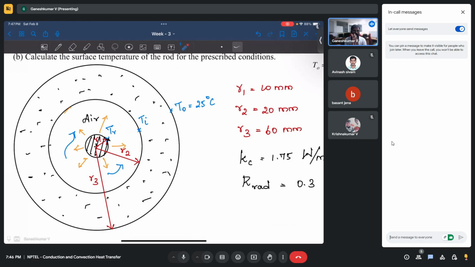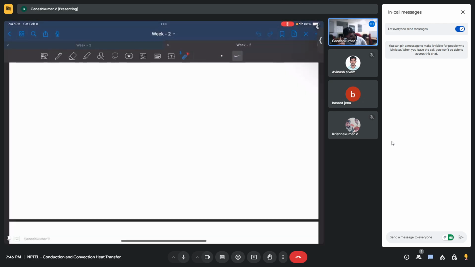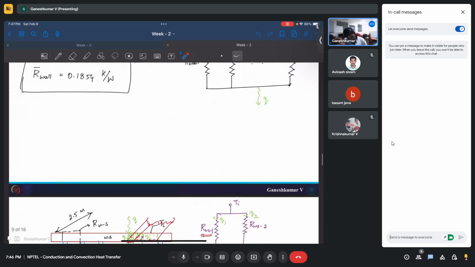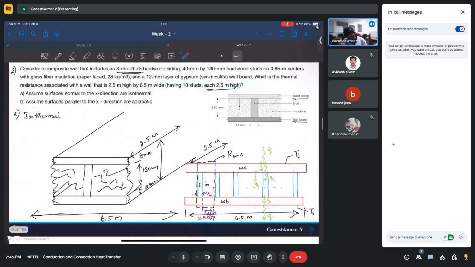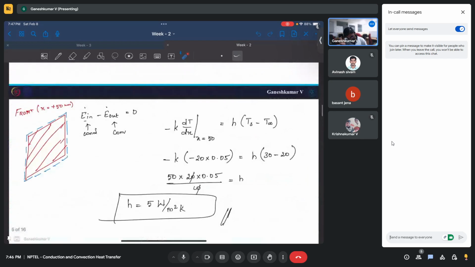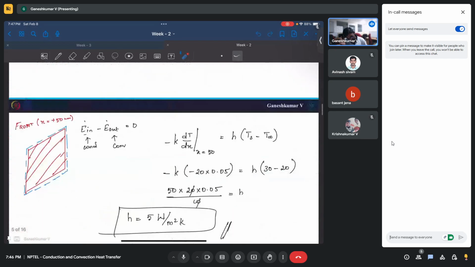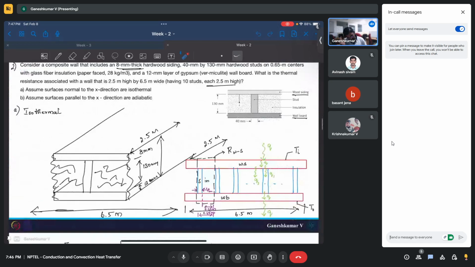So it is the same as the composite wall. Last week, when we did the parallel, basically that is what we did.